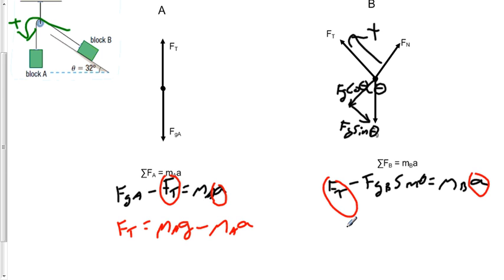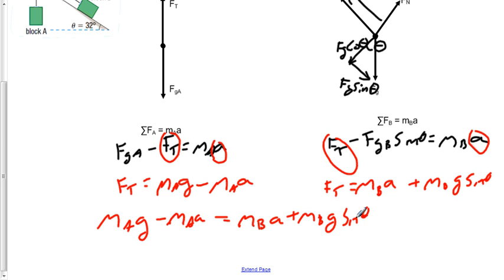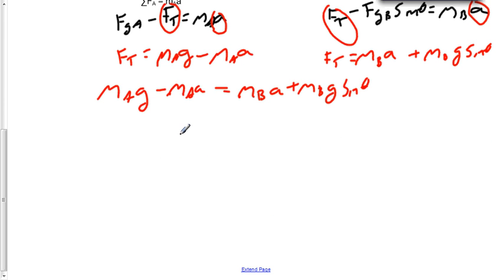And for this one, the force of tension is equal to MBA plus MBG sine theta. Just set those two equal to each other and you end up with MAG minus MAA equals MBA plus MBG sine theta. So there's our statement. We have one equation with one unknown now, so it's just a matter of doing some common factoring and rearranging.